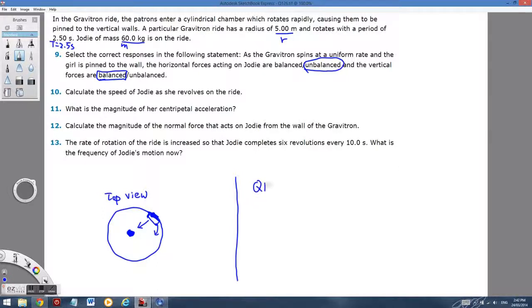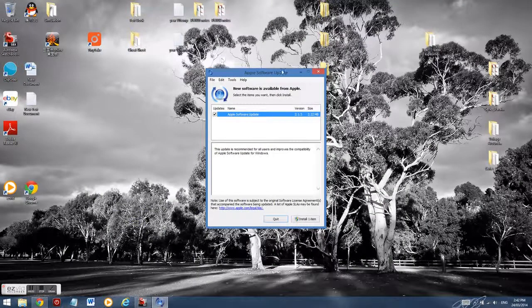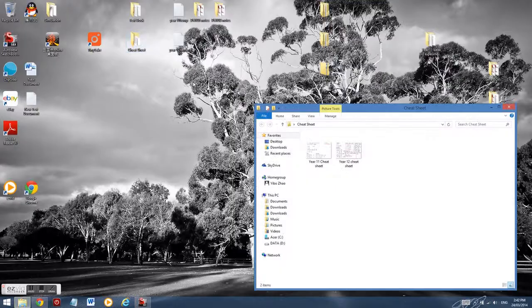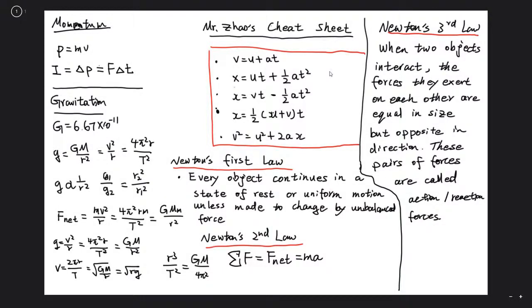If you look at question 10, I need to find the speed of a circular motion. So I go to my formula sheet, the year 12 formula sheet, and have a look at circular motion equations.